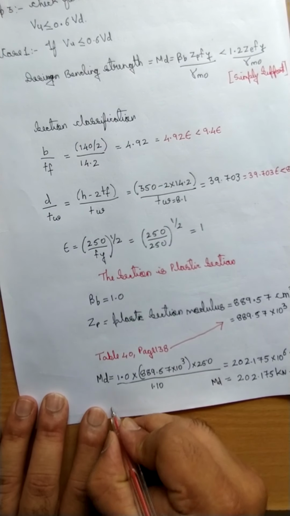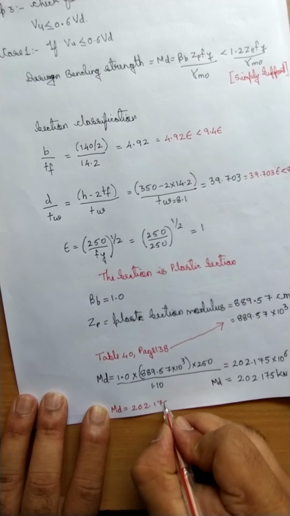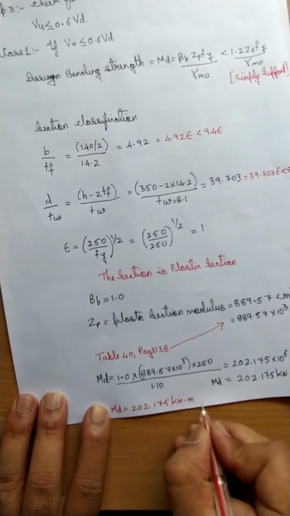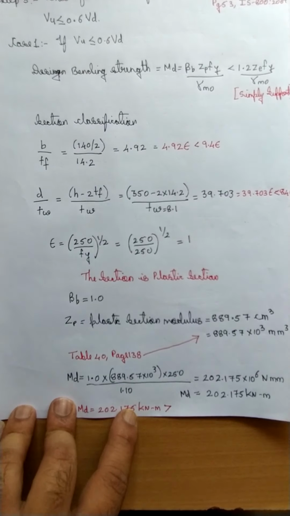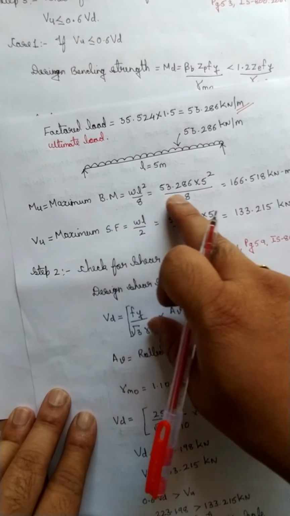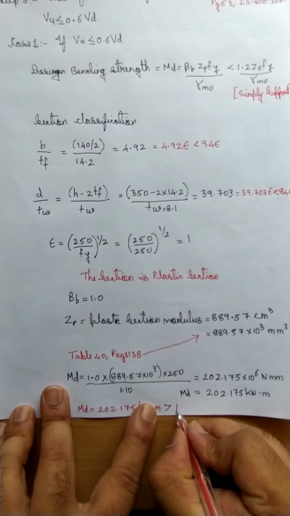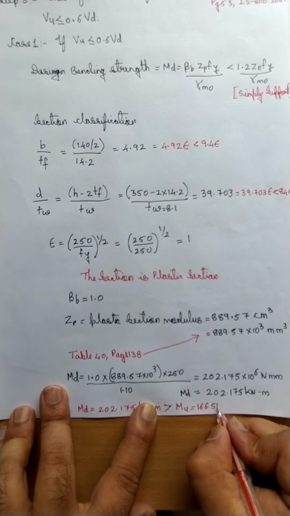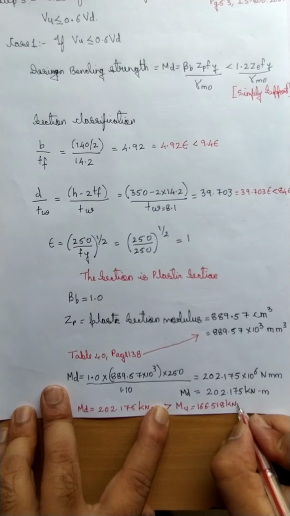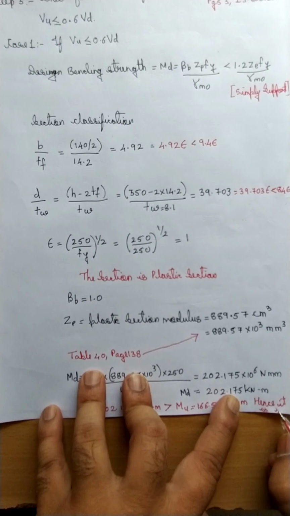Md, which is 202.175 kilonewton meter, is greater than the calculated maximum bending moment, which is 166.518 kilonewton meter. Hence it is safe.